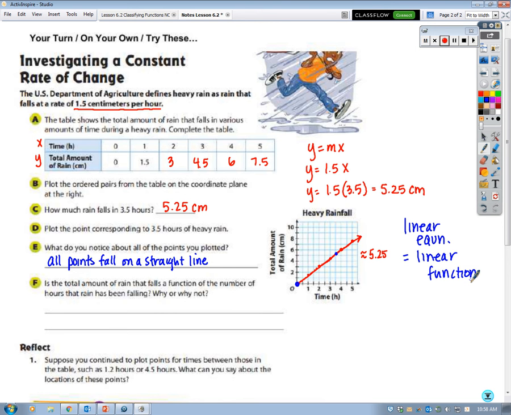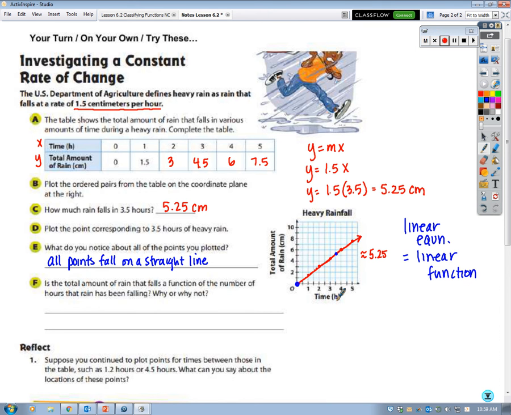So that's important to know as well, that this is a linear function and it's proportional. So just building off those concepts that we just did. So F is asking us, is the total amount of rain that falls a function of the number of hours that the rain has been falling? So is this relationship a function? Is the amount of rain that falls a function of time?